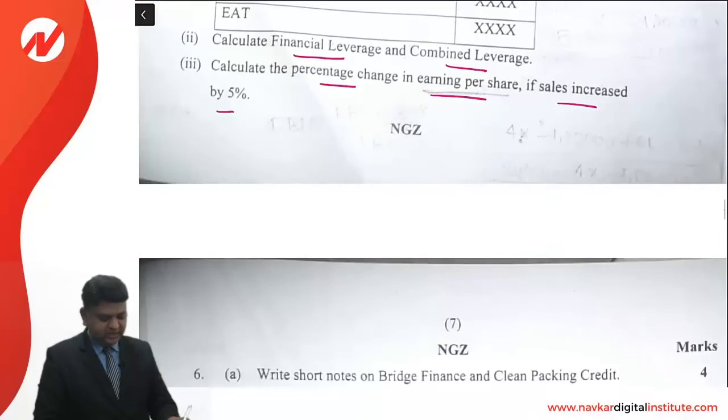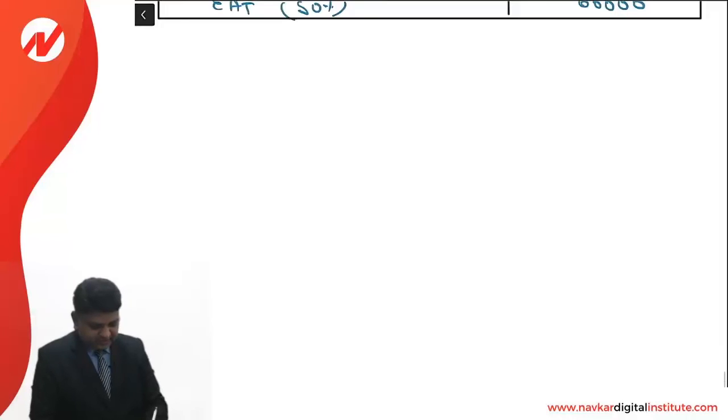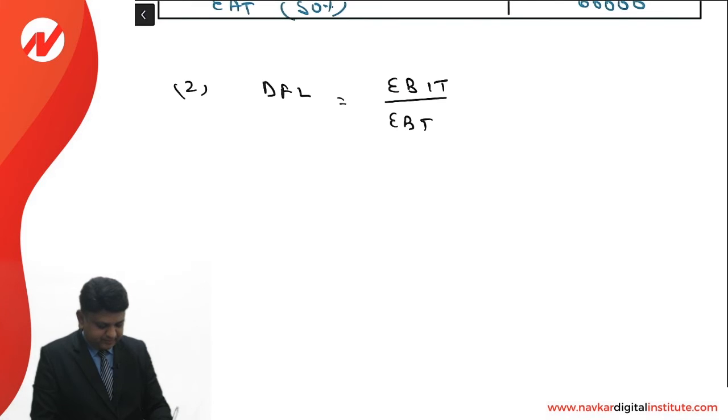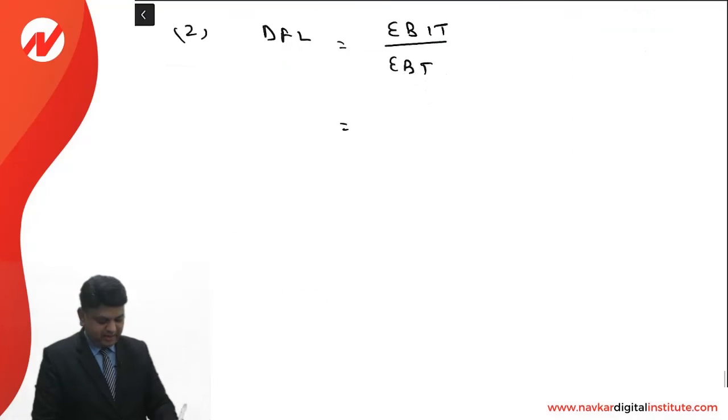Now the second part of the question is extremely simple. It says that you are required to compute other two leverages. So second part of the question, in that degree of financial leverage, it is operating income EBIT upon earning before taxes. Amount of EBIT is 1,50,000 and this is 1,20,000.